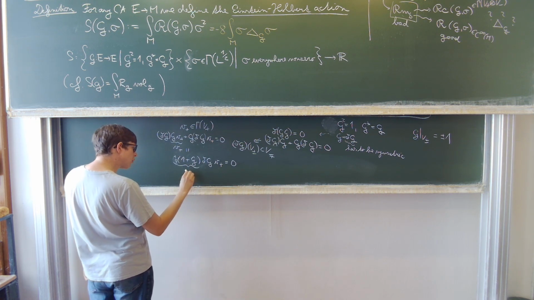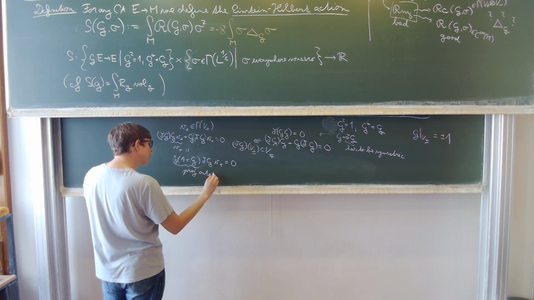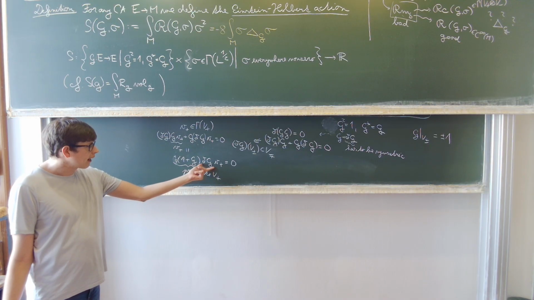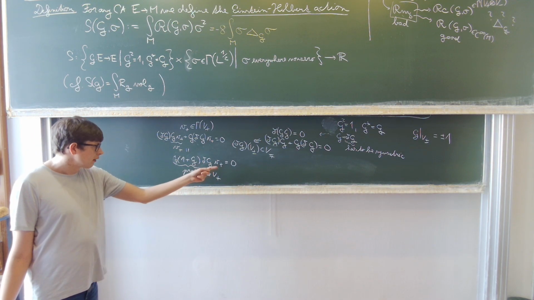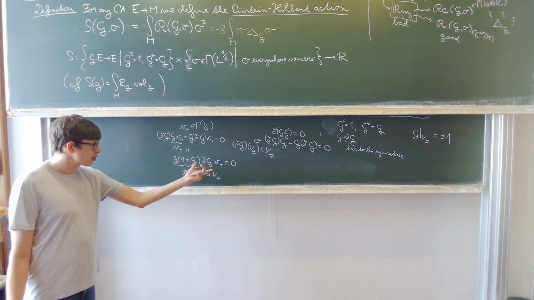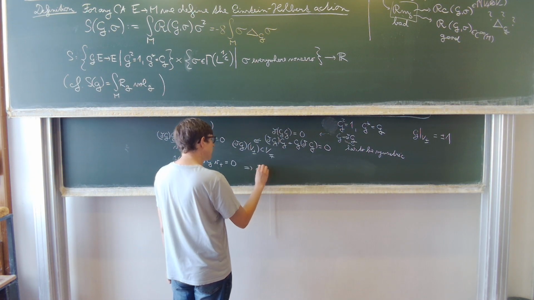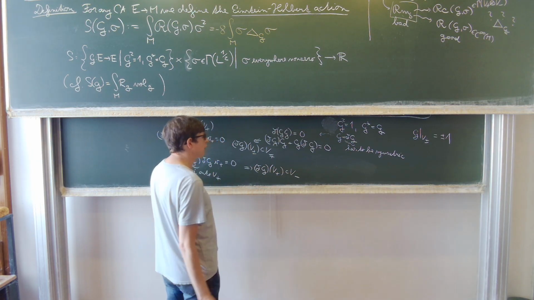This thing is the projection onto V plus. If I take something in V plus and act with this operator on it, then it projects to 0 on V plus, which means it has to be in V minus. So delta G on V plus is in V minus.